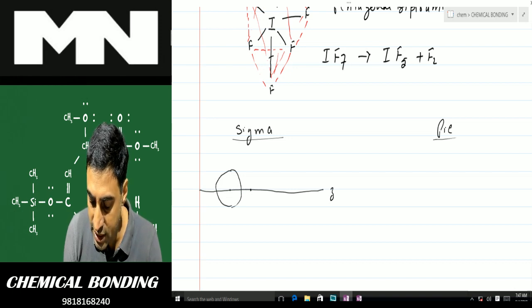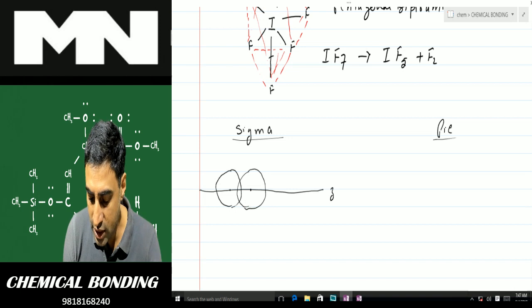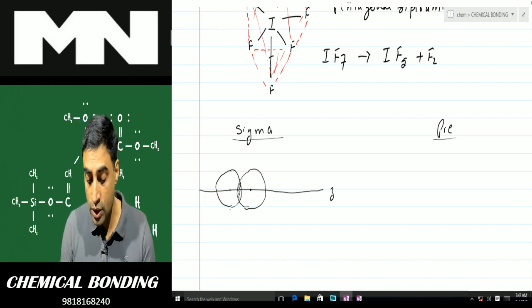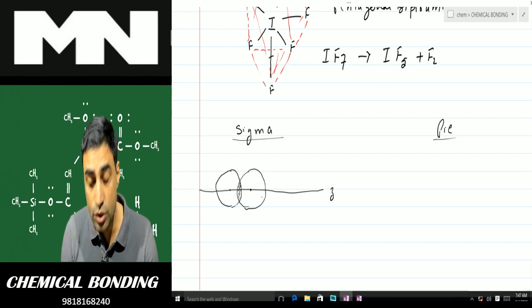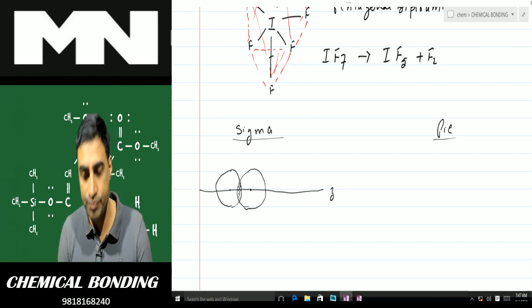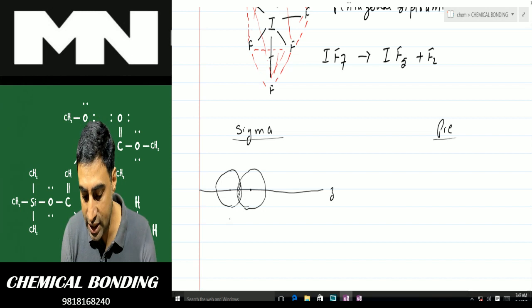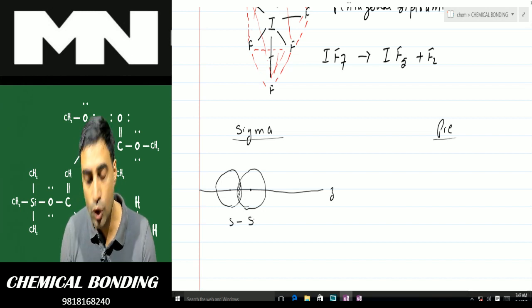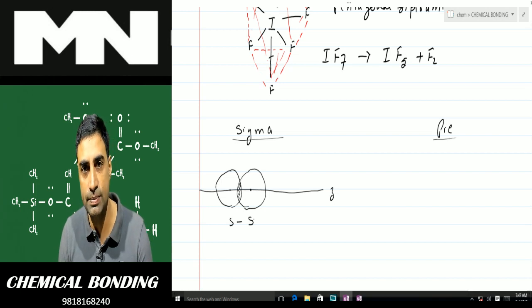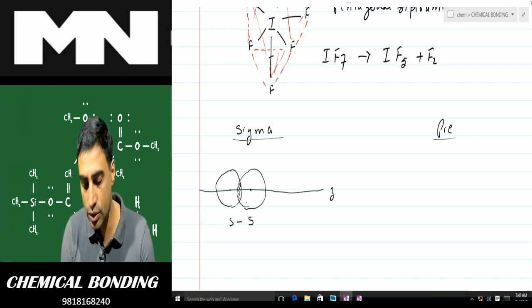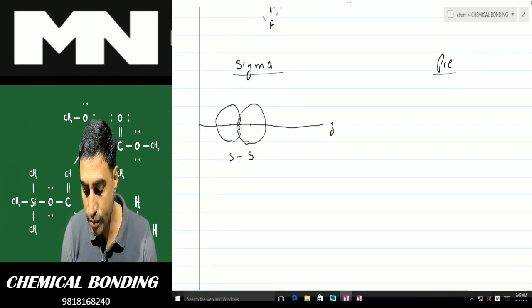Now here is another nucleus of another hydrogen atom, and this is the s orbital of that hydrogen atom. Now they are overlapping with each other and forming this bond. Here you will see that the bond is also on the internuclear axis. This bond is formed by the head-to-head overlapping or head-on overlapping of two s orbitals, that is leading to the formation of a bond on the internuclear axis.